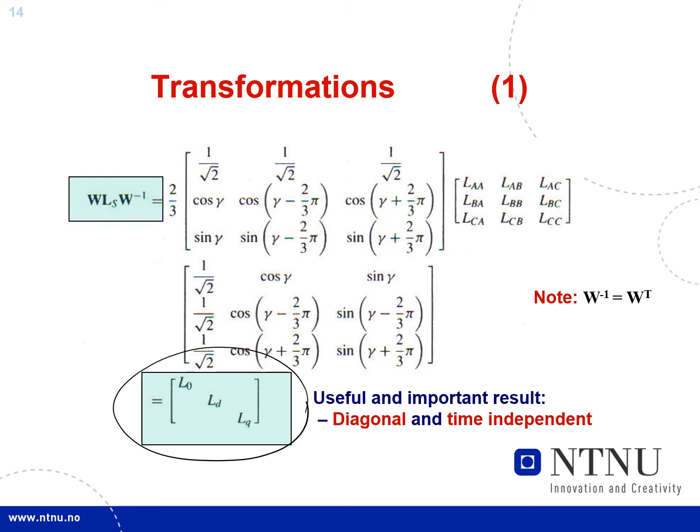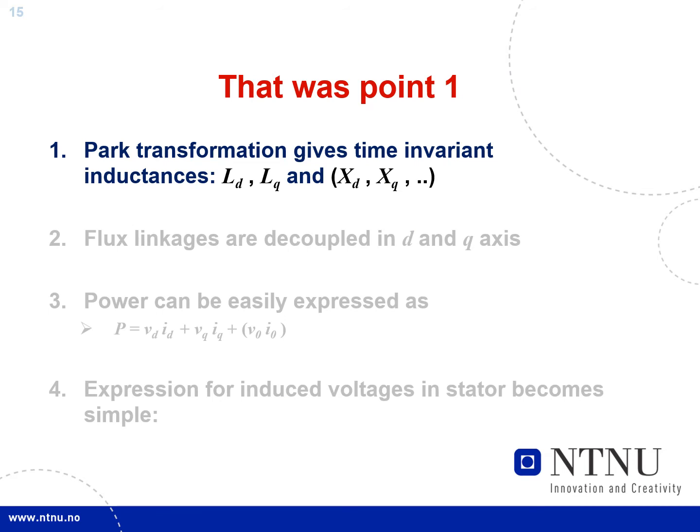So that is what we wanted to show in point 1, that the Park transformation gives time-invariant inductances, and we call this the d-axis and the q-axis inductance or reactance.